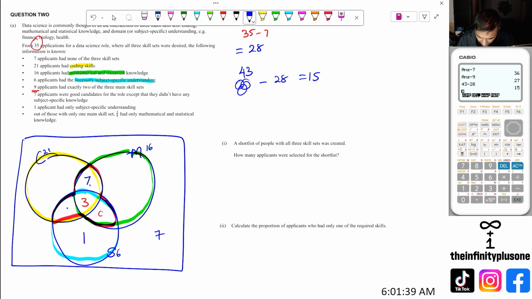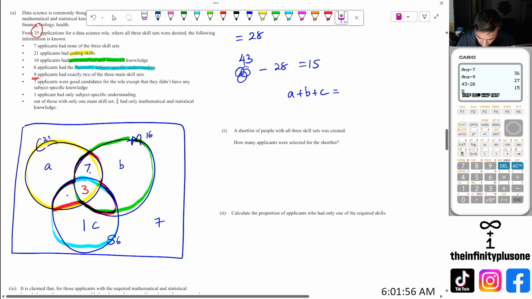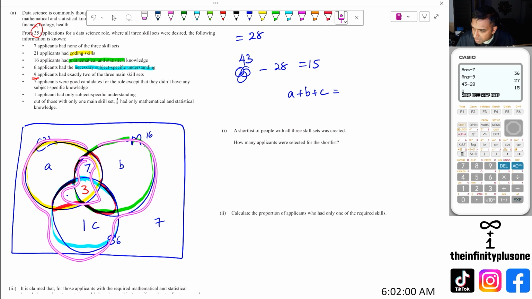That means if I write a couple of letters, so I've got zone A, zone B, and I did say this was zone C. So what I should get is zone A plus zone B plus zone C should equal 28, this is all 28. And then this part here is 12. So that zone A plus B plus C should equal 16.